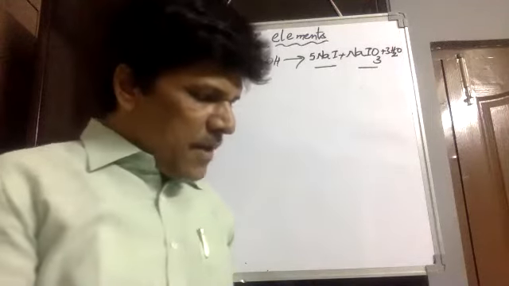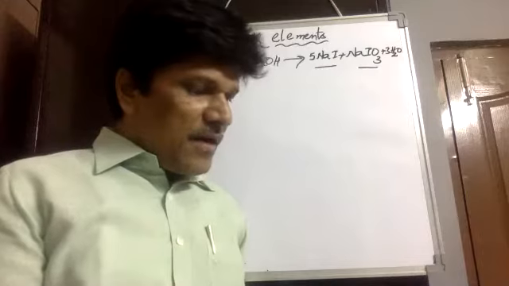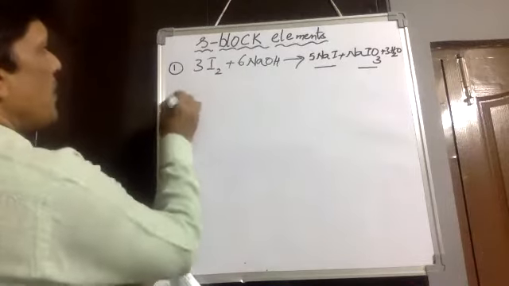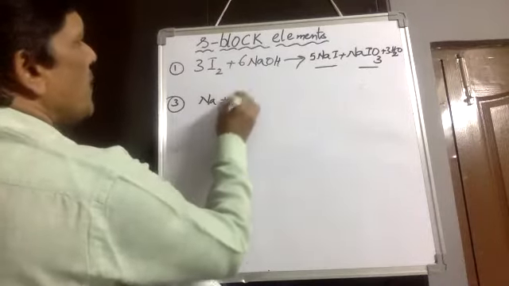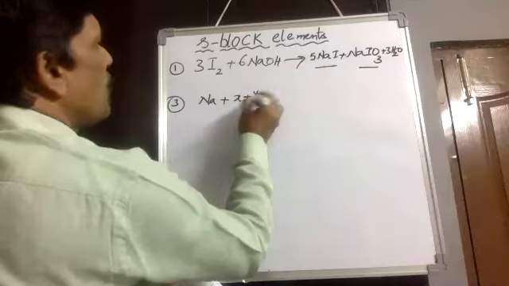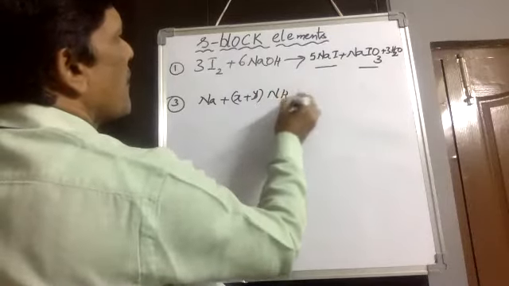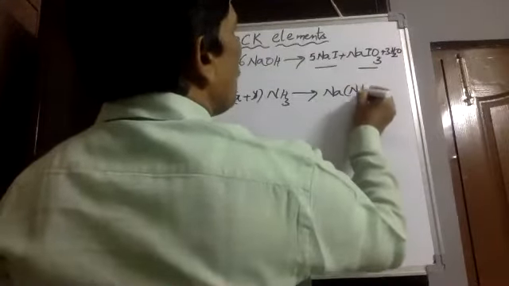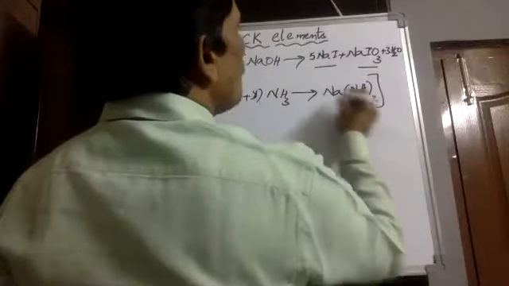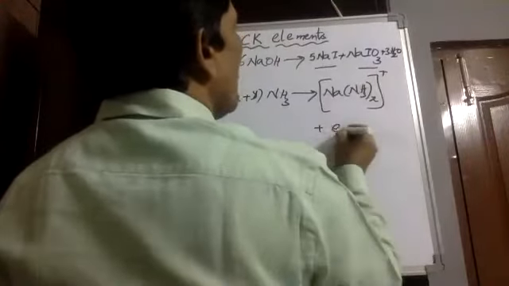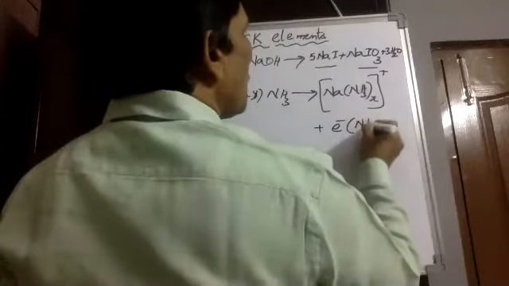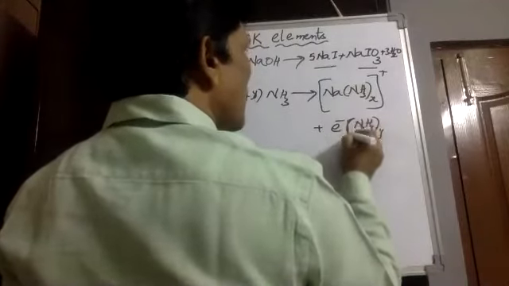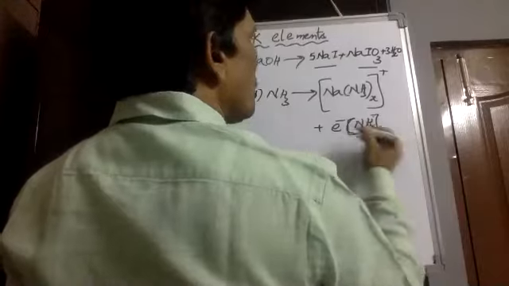Then the third question: on heating sodium metal in a current of dry ammonia gas, the compound formed is? Sodium reacts with ammonia, X plus Y moles. Sodium always undergoes oxidation with the absorption of ammonia. X moles of ammonia are accompanied with sodium ion and the released electron is accompanied with Y moles of ammonia, so we can identify the formation of this complex.